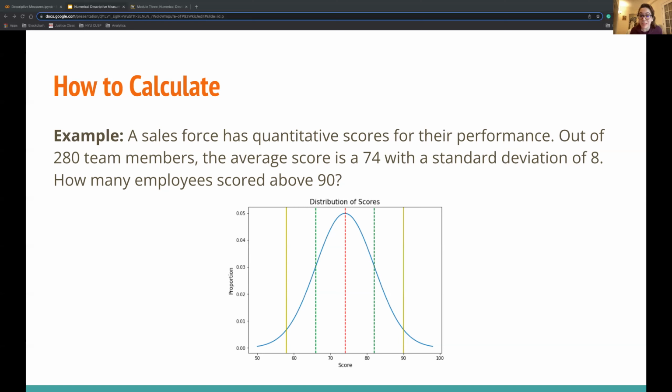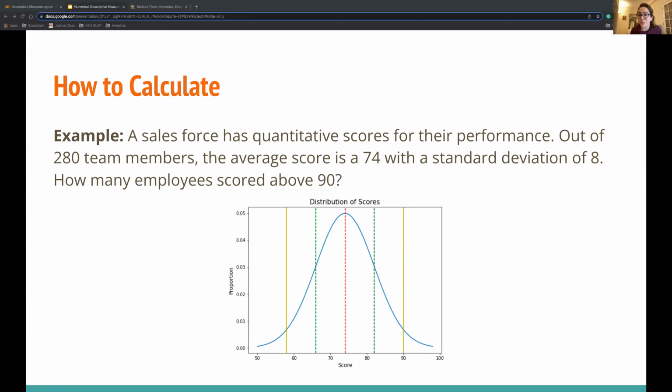And this would be the number of employees that score below a 58 and above 90. So we divide that 5% by 2 to account for the 2 tails on both sides of the normal distribution. And that would create 2.5% of employees scored below 58 and 2.5% scored above 90.